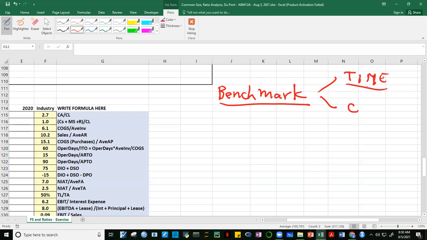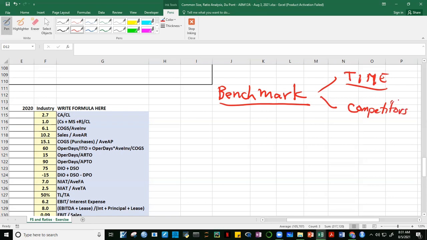Okay. And we benchmark not only across time, but also, ano tong C? Okay, thank you, Roy. We benchmark with our competitors. So, importante yun, guys. Kasi companies, unless monopoly yung company, that's very important for firms, no?